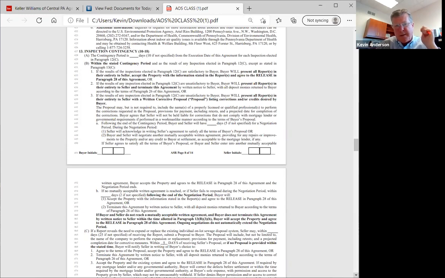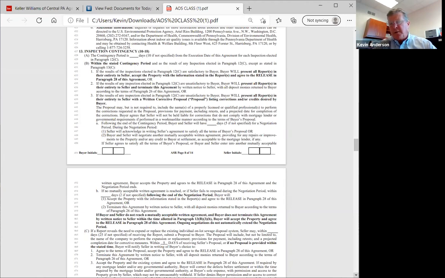In bold print, it says if the buyer and seller do not reach a mutually acceptable written agreement, and buyer does not terminate this agreement by written notice to the seller within the time allotted in paragraph 3B, buyer will accept the property and agree to the release in paragraph 28 of this agreement.